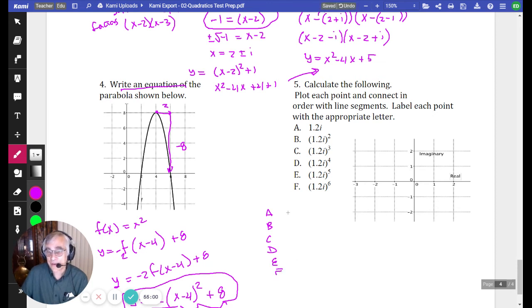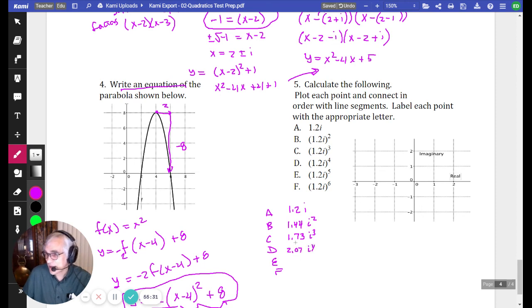So the first one is 1.2i. The second one, 1.2 squared, is 1.44, and then i squared. For C, we take the 1.44, multiply it by 1.2, and I happen to have it written down here as 1.73, and then i cubed. 1.2 to the fourth is 2.07, then i to the fourth.